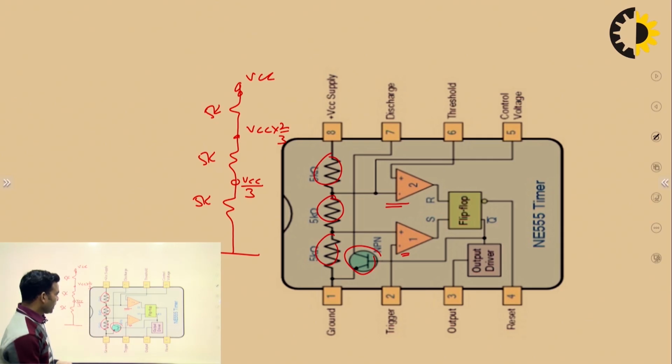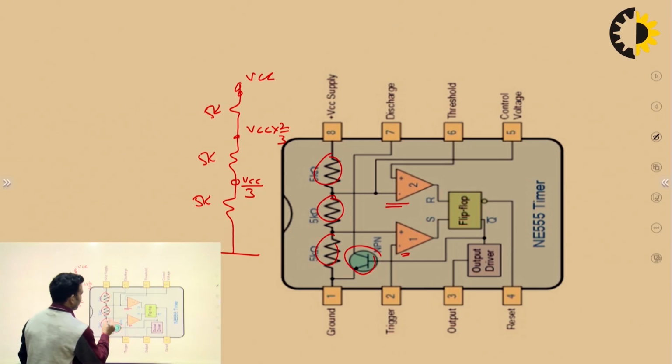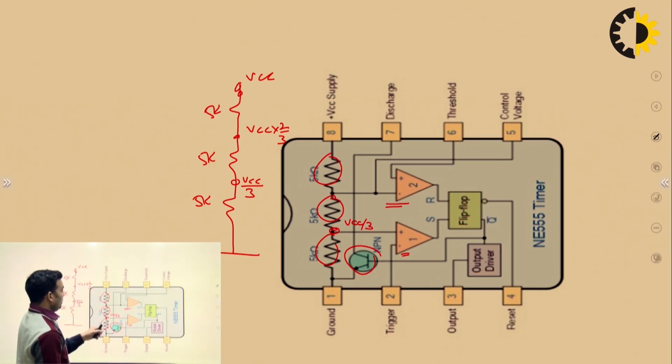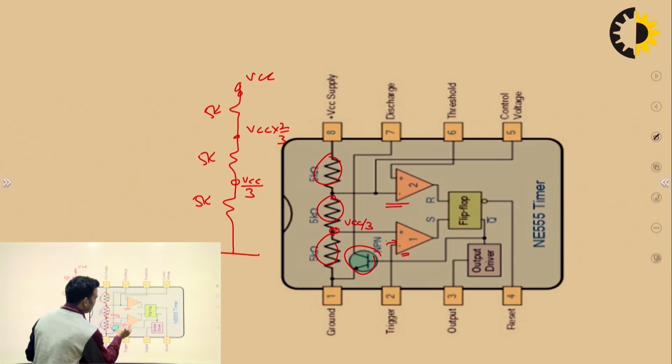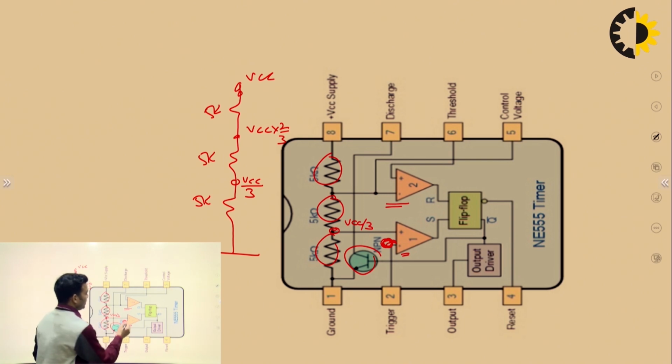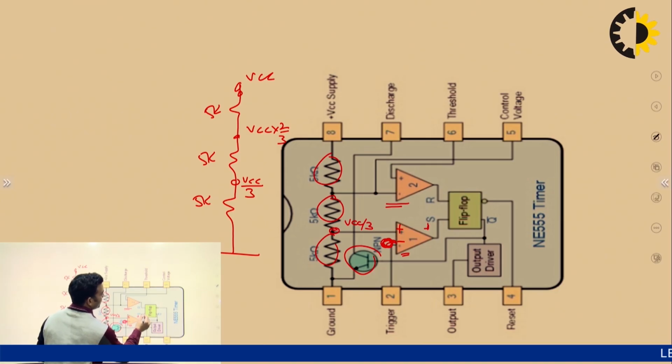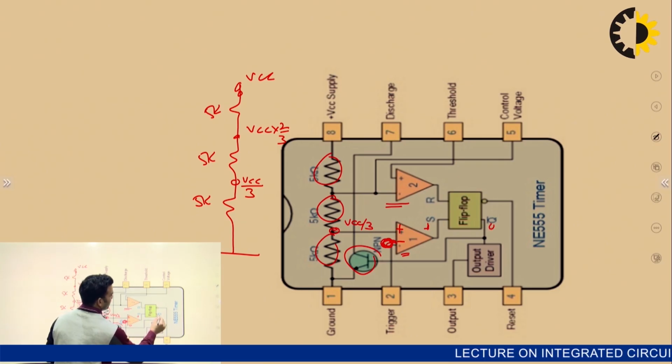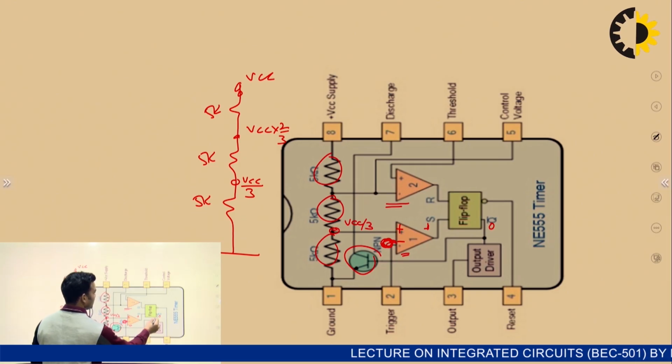So now, the voltage at this point will be VCC by 3. This is trigger. If the voltage at this pin is less than VCC by 3, this is plus, this is minus, then its output will be 1, S will be 1, the flip flop will be set, and Q bar will be 0. Q bar being 0 means this transistor will be off.